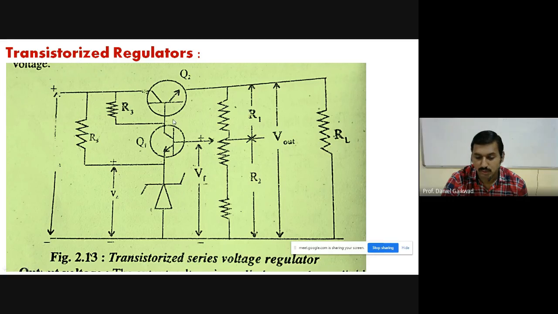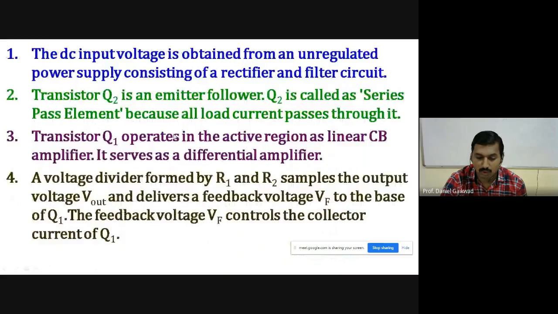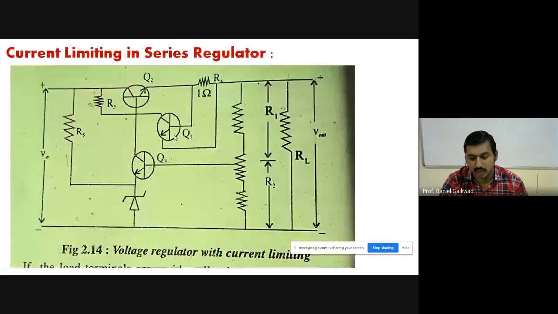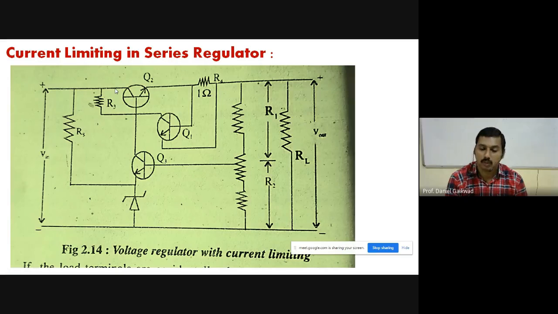Also it doesn't limit the current. So this is the drawback of the transistorized circuit. But if we add one more transistor, then it has current limiting facility as well as short circuit protection for the regulator. If you short the output terminals, the current will be limited and the circuit doesn't get damaged because of the extra transistor Q1.